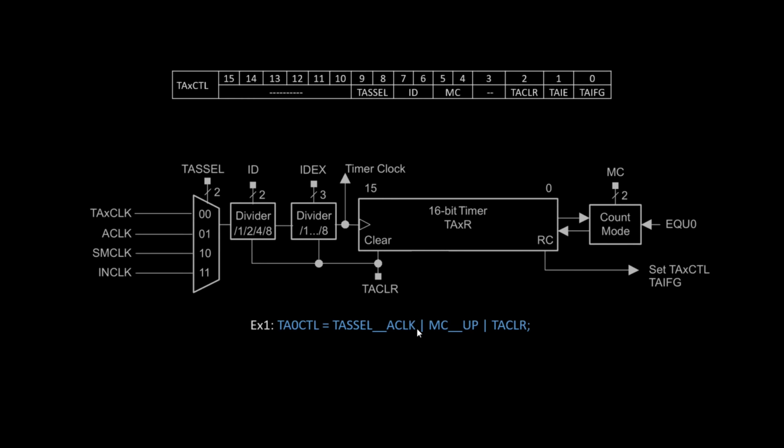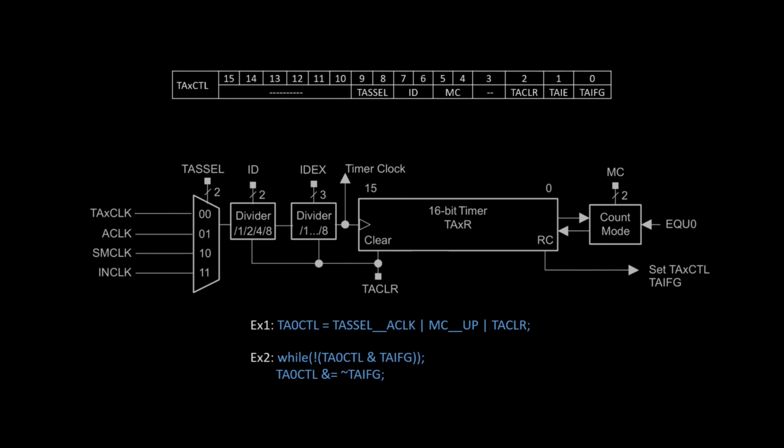I can set up the counting mode using MC up, and I can clear the counting using TA CLR. So this line here will configure the timer to run in up mode and using the A clock as a reference.